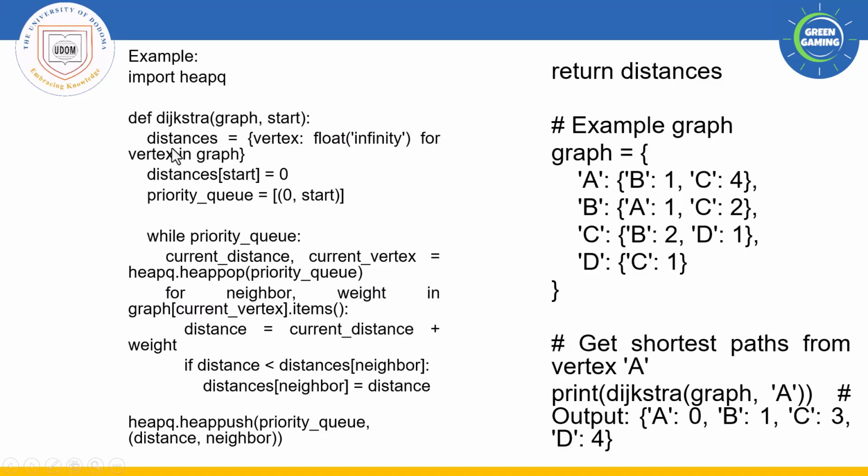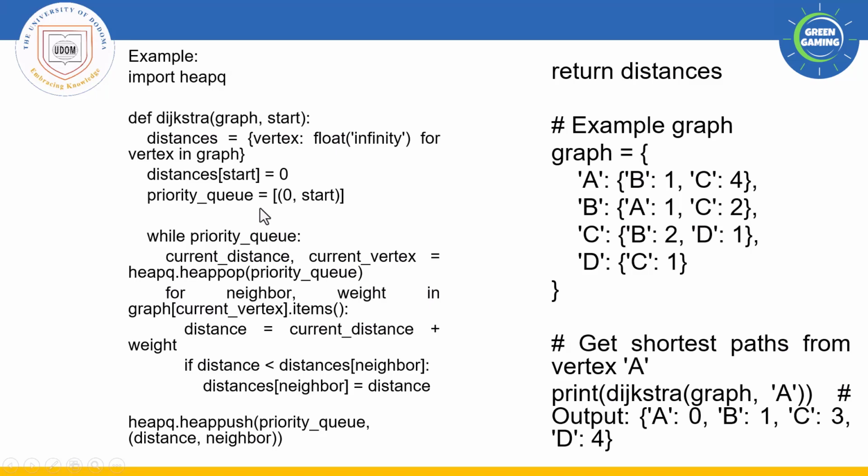A dictionary called distance is created, initializing all vertices in the graph to infinity, right? So all vertices are equal to infinity. Then we set our start distance equal to 0.